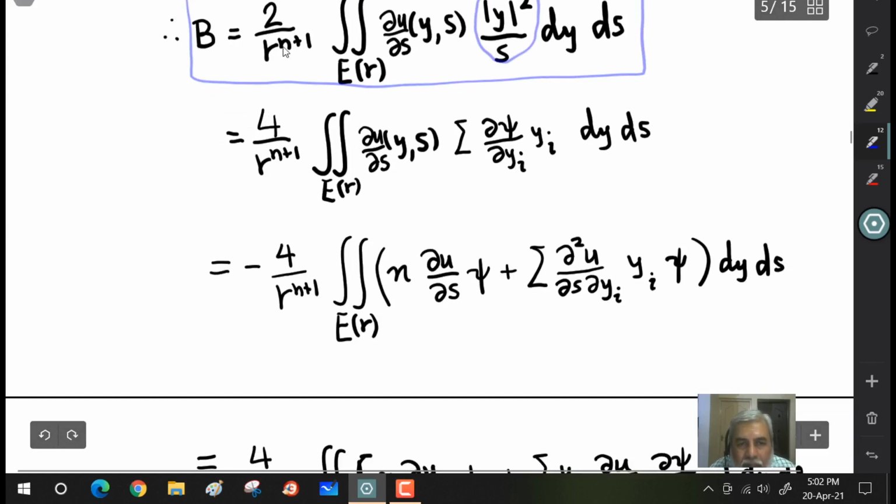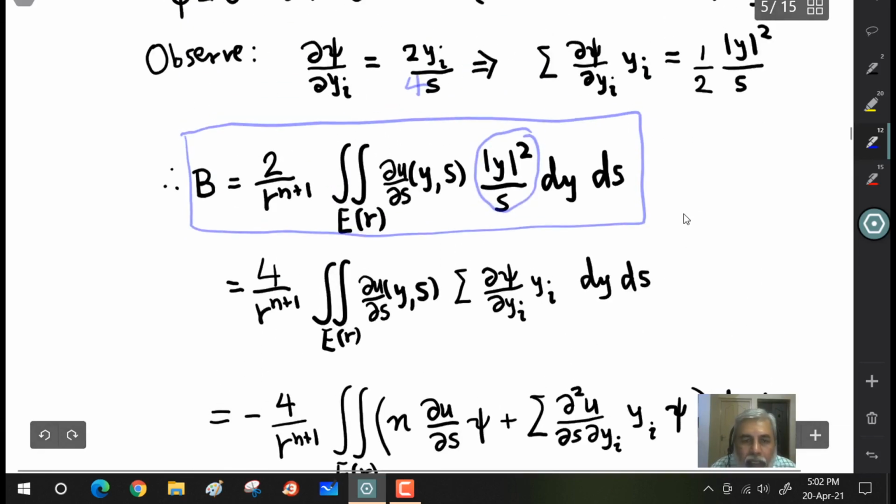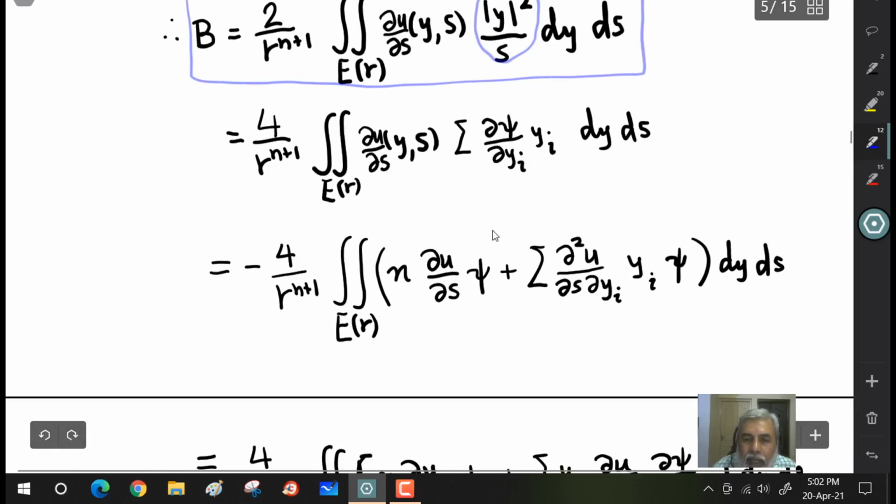Okay, so there is already a 2 there in b, and now another 2 is coming from here, so that makes it 4. Okay, so this is sum over i. Just remember that.